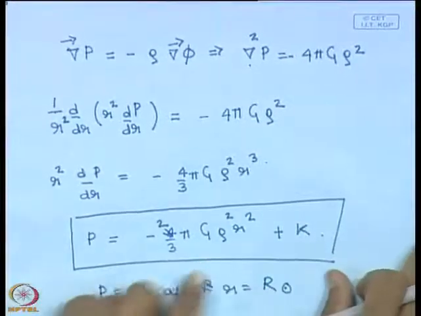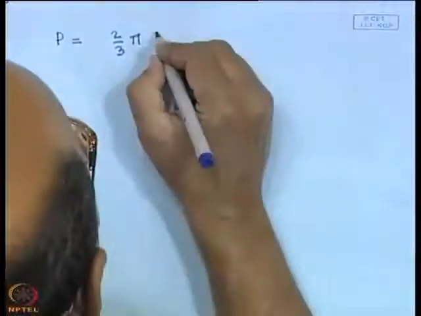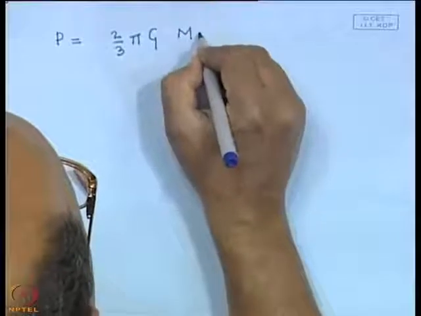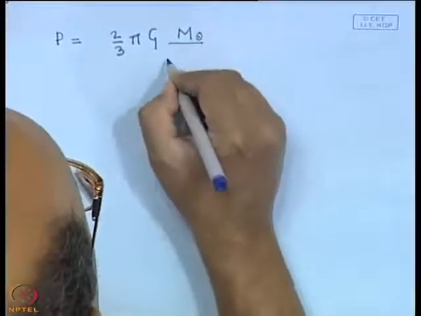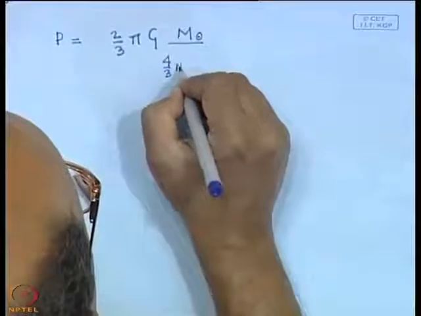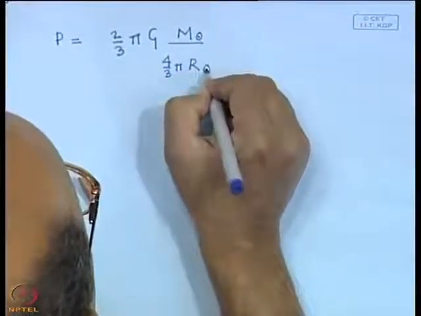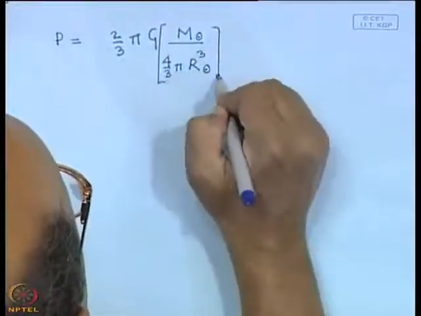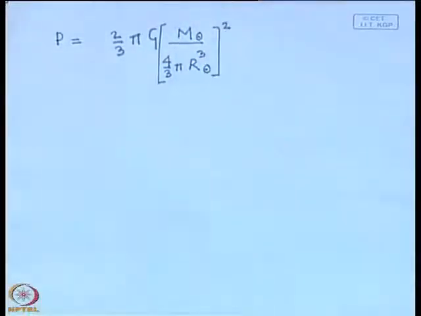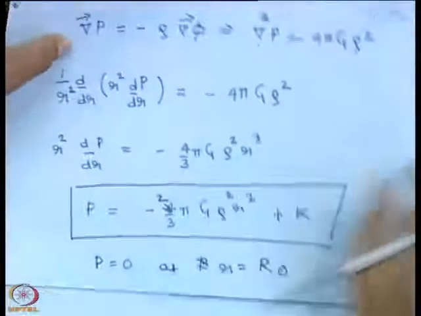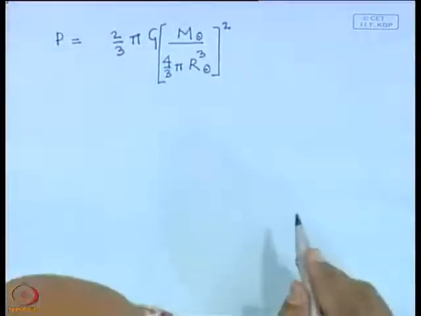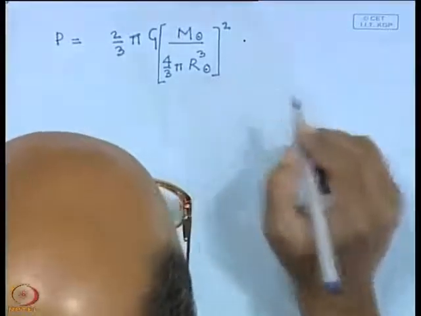So this can be written as 2/3 pi g, M sun by 4/3 pi r sun cube, that is the density, the square of this. So we have 2/3 pi g rho squared, and then we impose the boundary condition and we have a term.